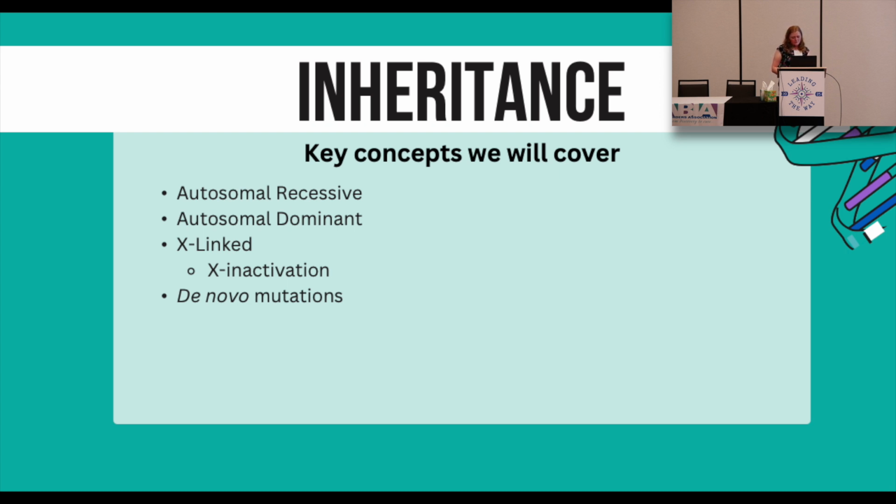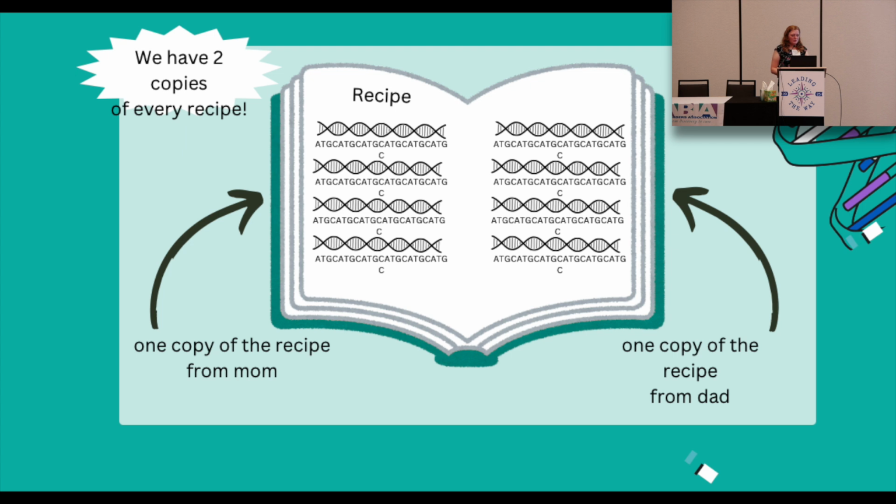So like I said, we have 2 copies of every recipe. If you think of an open book, you can think of one side having the recipe that you got from your mom, and the other side having the recipe that you got from your dad. They could be the exact same, or they could have differences.